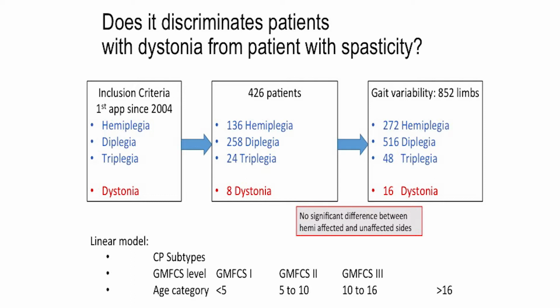So we fit a statistical mixed effect linear model with CP subtype as one of the fixed effects, GMFCS level 1, 2, and 3, and 4 age category under 5, 5 to 10, 10 to 16, and older than 16 years old. The result of the statistical models are these.